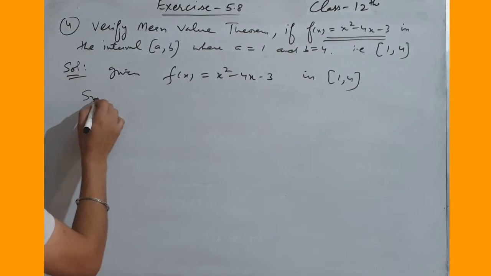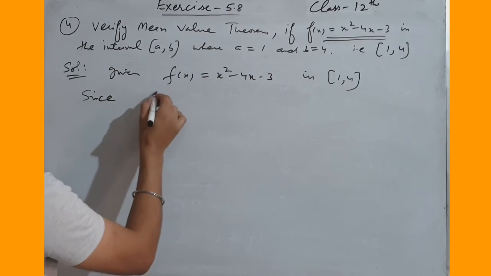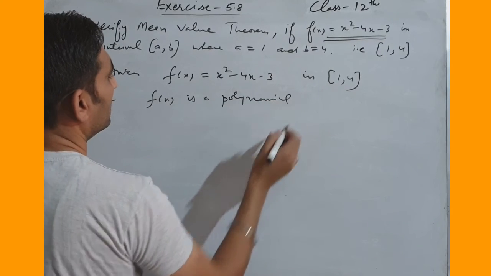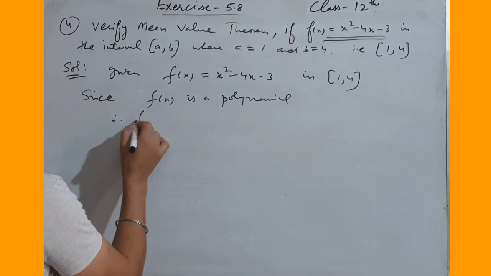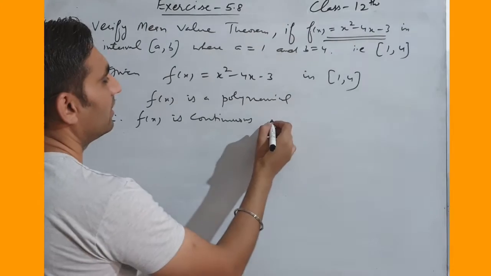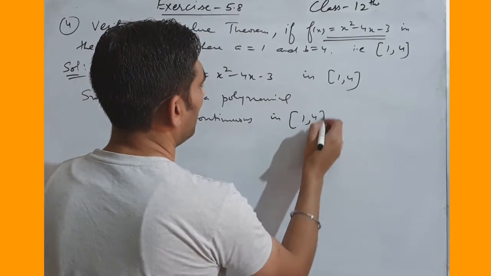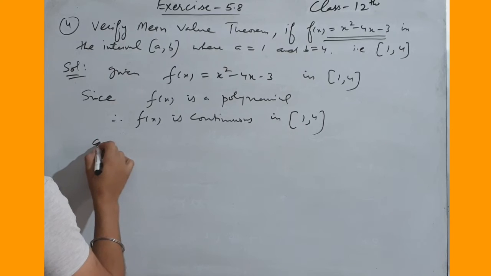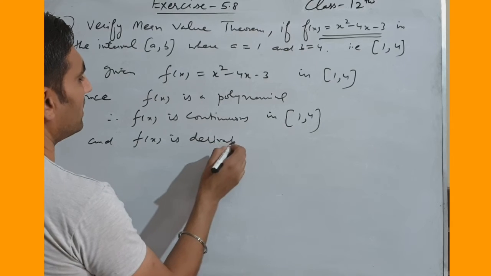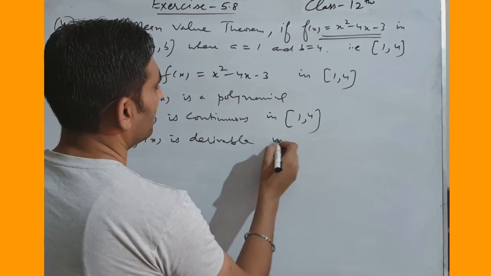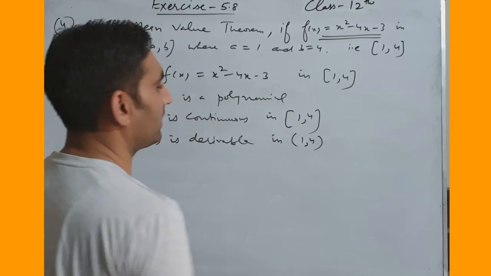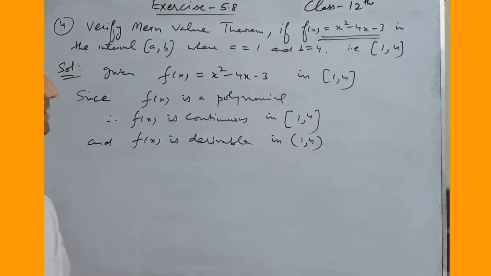So we will write, with the same wording as we used in question number 1, f(x) is a polynomial. Therefore f(x) is continuous, and try to remember how you write continuous in the closed interval [a, b] or [1, 4], and f(x) is derivable or differentiable, meaning the same, in the open interval (a, b) or (1, 4). So both the conditions are there.